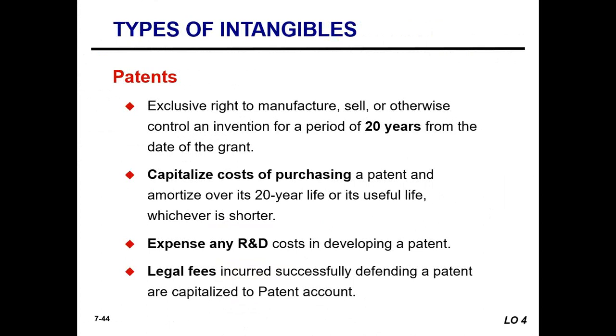There's a whole lot of argument about whether those should be expensed or capitalized, but FASB says that we are to expense any research and development cost because most often R&D costs do not result in a patent or a product. Quite often R&D is simply just an expense. Legal fees, if we have to successfully defend a patent, are capitalized as part of the patent account.